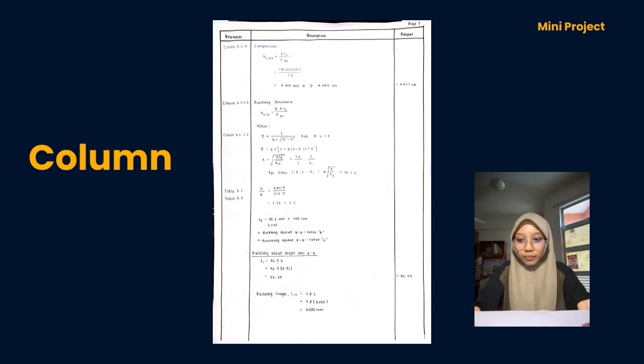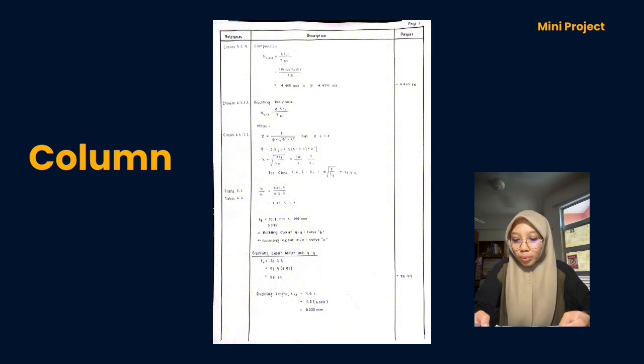For buckling resistance, from clause 6.3.1.1, the formula is NbRd equals chi A fy over gamma M1, where chi equals 1 over phi plus square root of phi squared minus lambda squared, where phi equals 0.5 bracket 1 plus alpha bracket lambda minus 0.2 bracket plus lambda squared bracket.